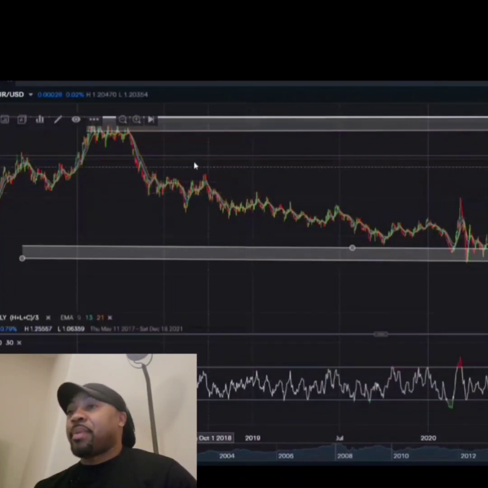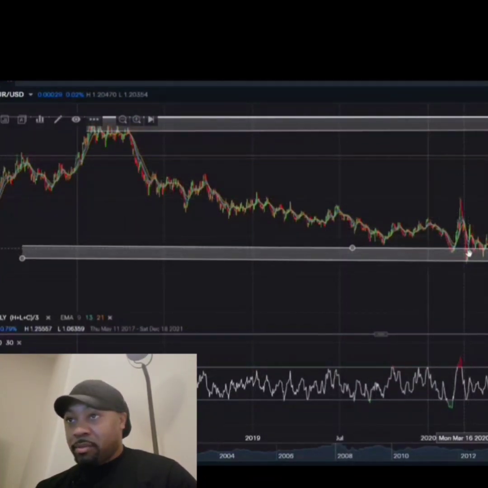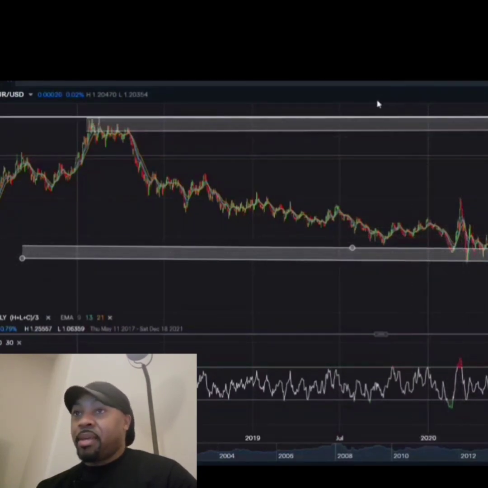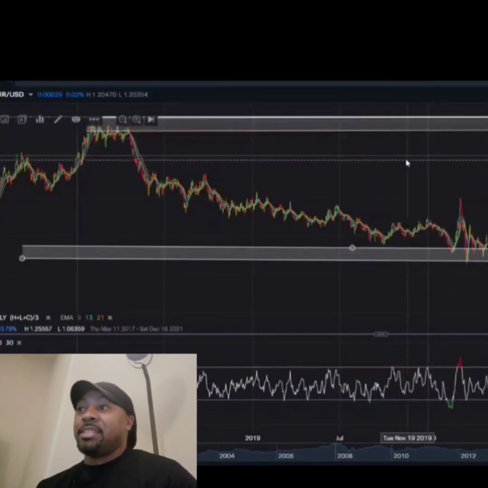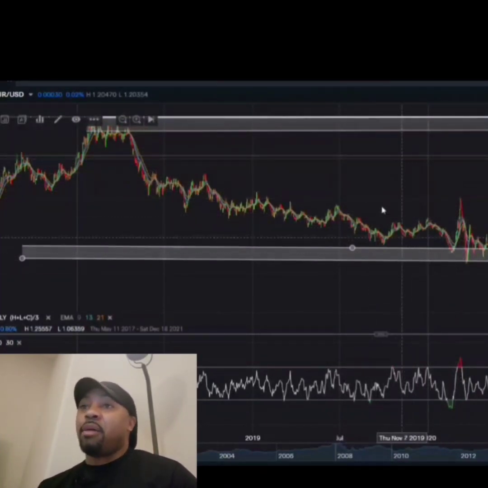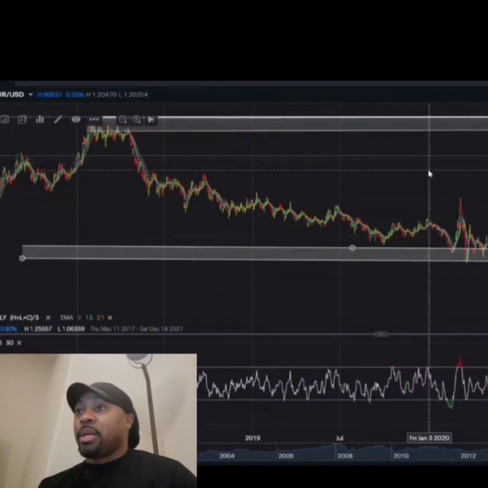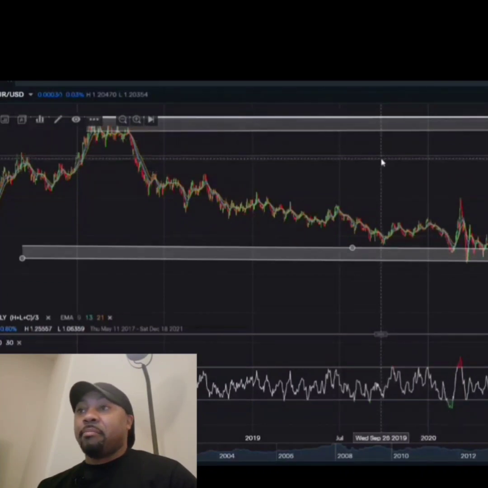If I say it came down and bounced off this resistance or support level, and then I say something about the Fibonacci, we'll get into that on other videos, but I'm using that as a confirmation before I draw my Fibonacci retracement or my Fibonacci extension level. I'm using that as a barrier to entry before I do anything else.